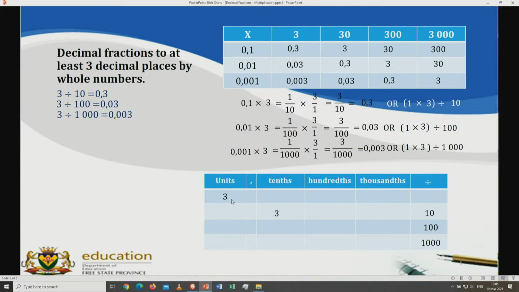Look at that 3. It shifts, né? It shifts to the right. How many places? Only one place. We are dividing it by 10. It shifts. Look at what is happening, né? So, look at when we divide it by 100.